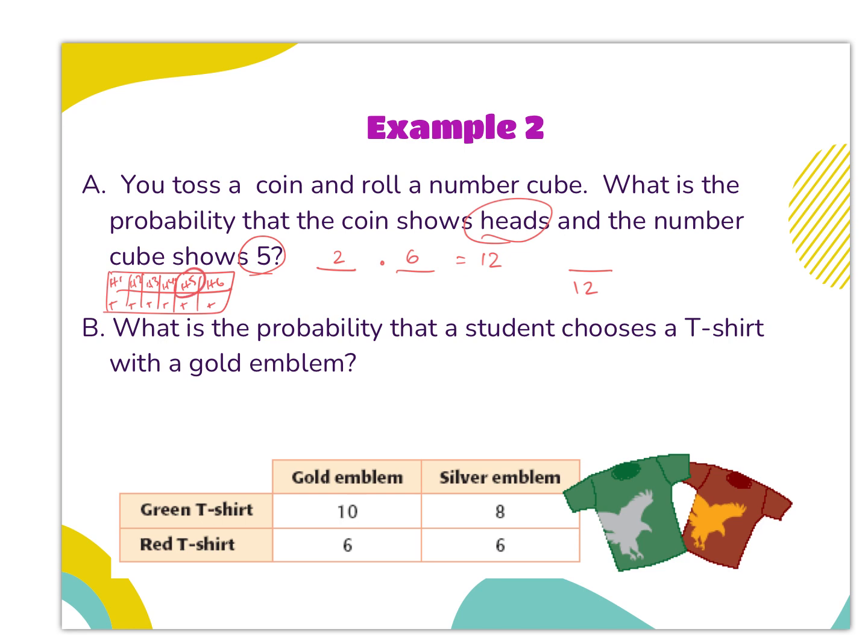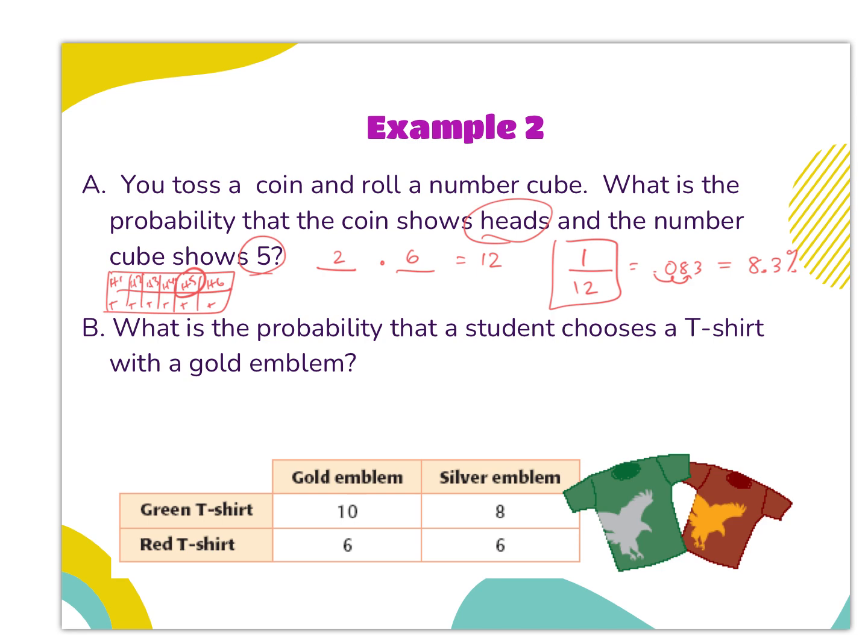So notice there's only 1 out of the 12 things that was a heads and 5. So my probability is 1 out of 12. As a decimal, this is 0.083, and as a percent, it's 8.3%. Remember, to convert from a decimal to percent, you just move the decimal point 2 places to the right.